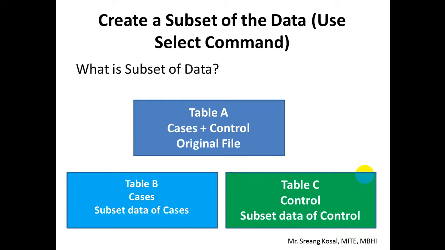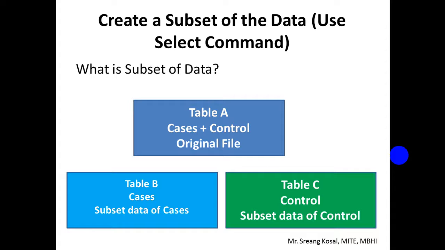So a case table is like a subset of the data that contains only cases, and control is also a subset of the data that contains only controls. So in the original file we have case and control, but if we want the subset of the data of the case, it means that all data is case, we call it a subset.